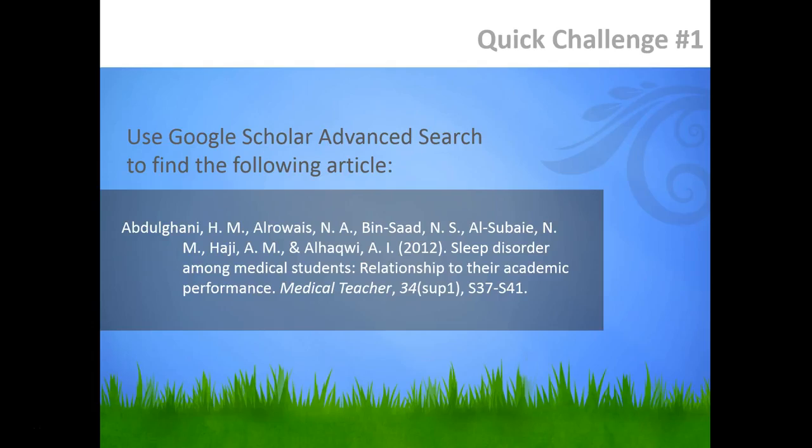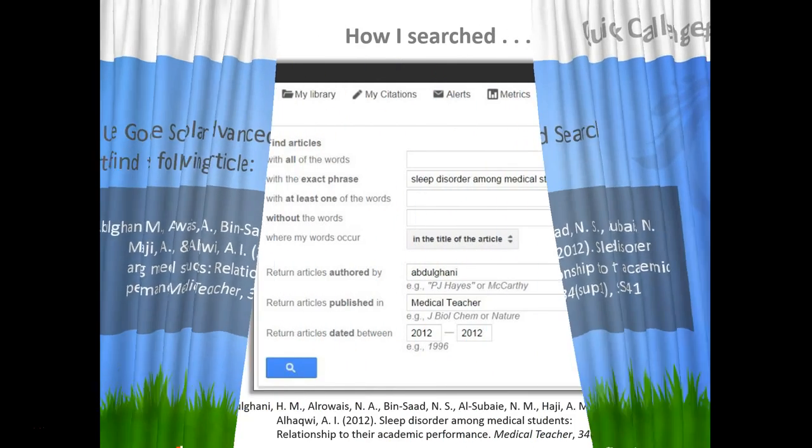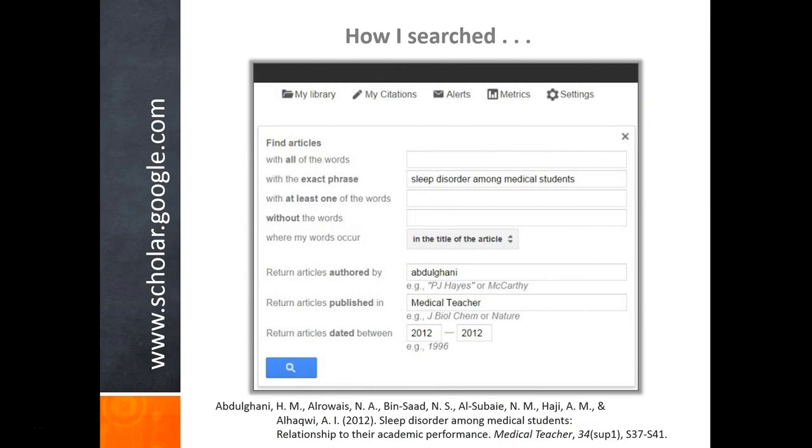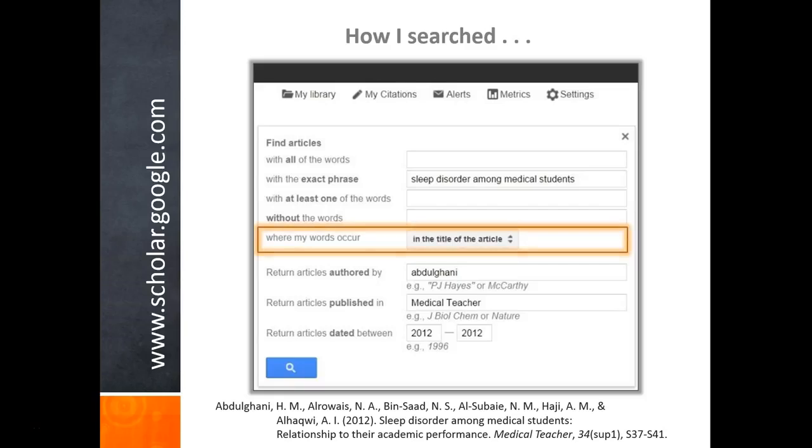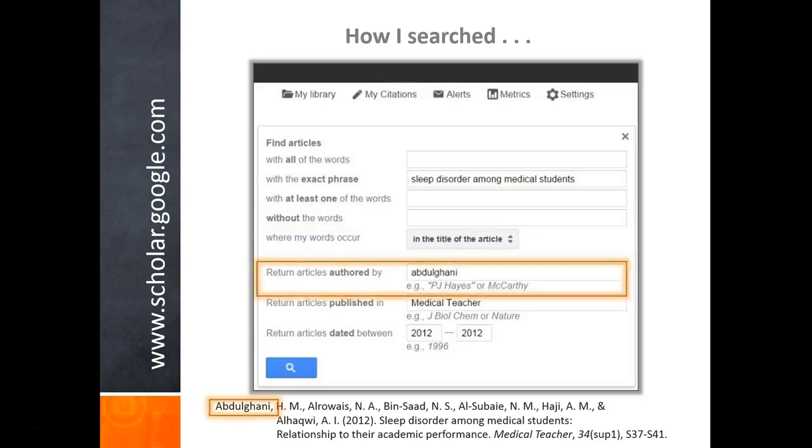Okay, hopefully you've found the article. Here's how I searched. I put the first part of the title into the exact phrase search box. I told Google to search for those words only in the titles of articles. I input the first author's last name into the author box.